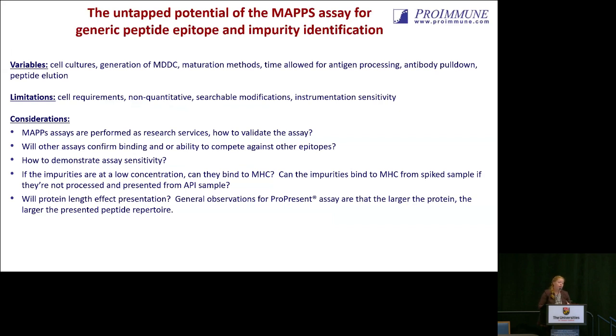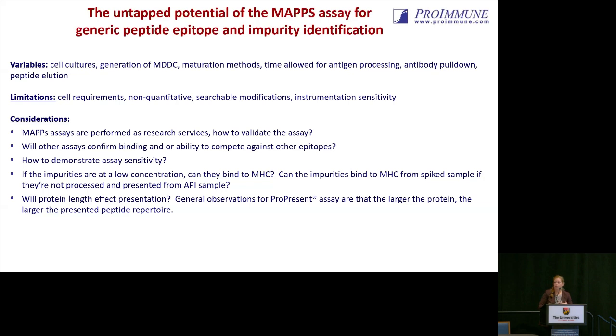And then there are, of course, a lot of variables in how the assay is actually performed, whether that's in-house or across various CROs that could impact how these samples are processed and presented. So this includes things like the cell culture, how the DCs are generated and matured, the time that you allow for the antigen processing, the antibodies that you use to pull down the MHC peptide complex, as well as how those peptides are recovered.